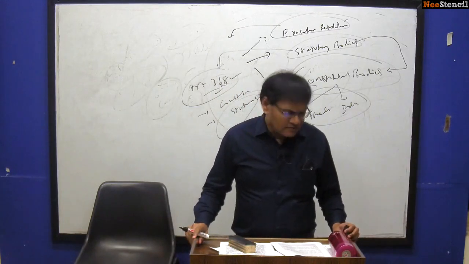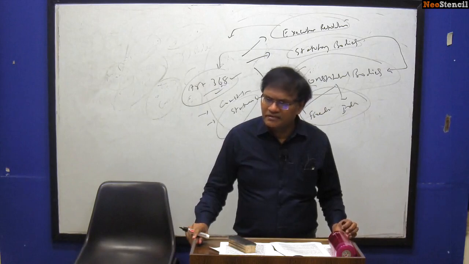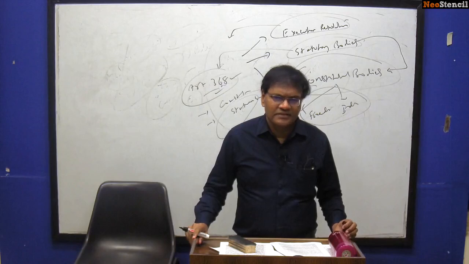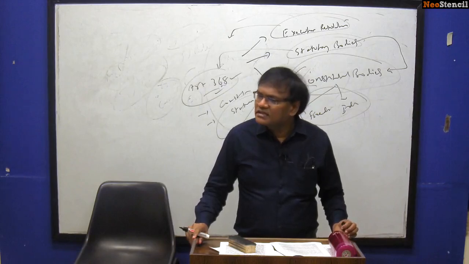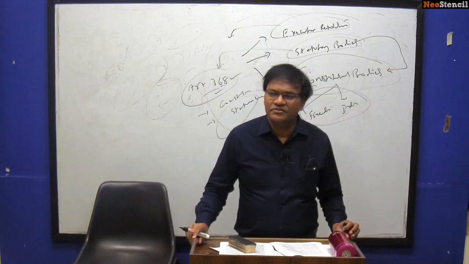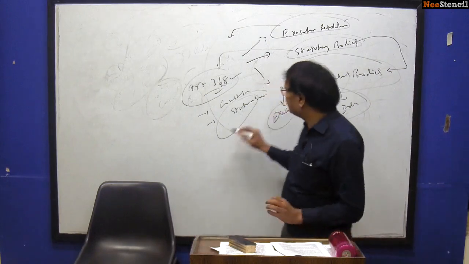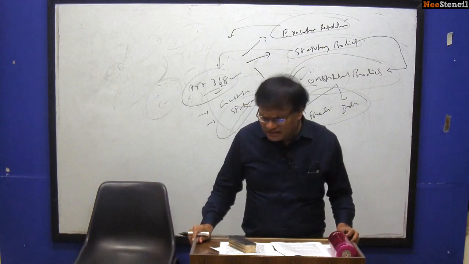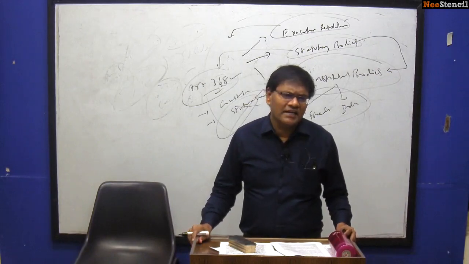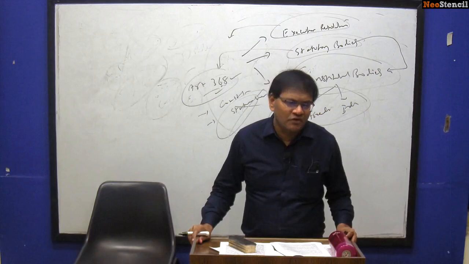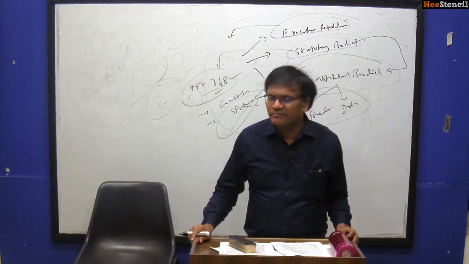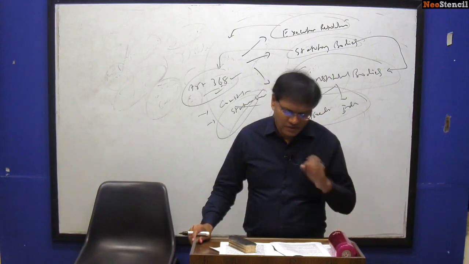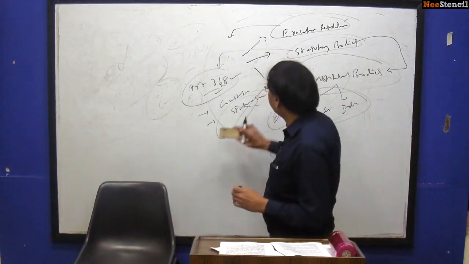Once the Constitution is amended, the statutory body becomes a constitutional body and the old statutory body is removed. Now the question is, what is the purpose of transforming a statutory body into a constitutional body?